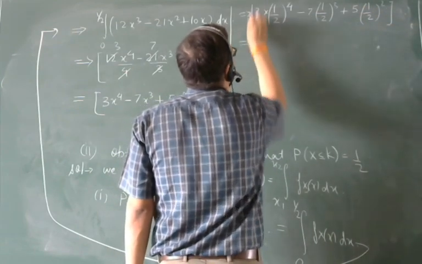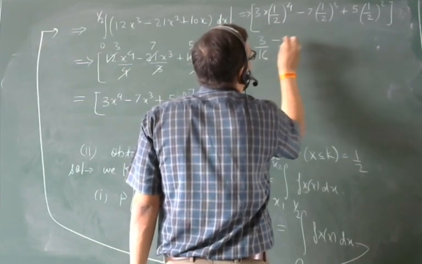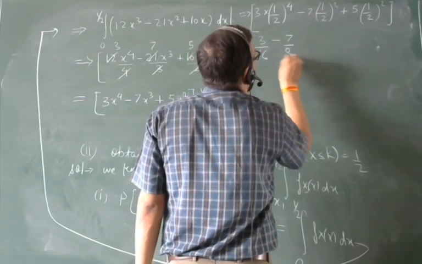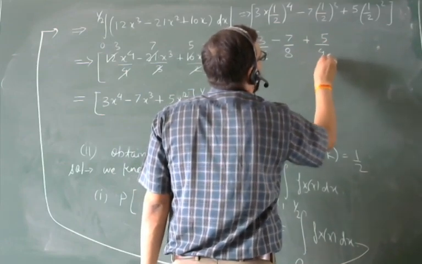We get 3 upon 16 minus 7 upon 8 plus 5 upon 4.